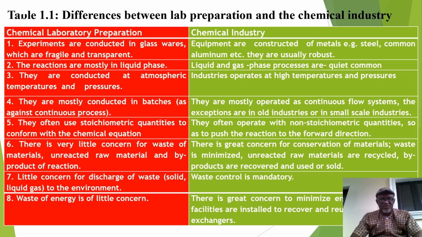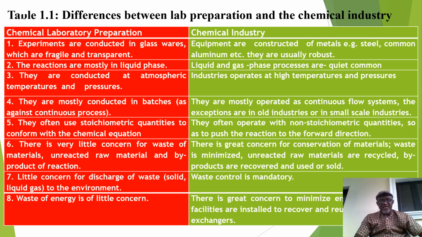Like the last one, waste of energy is of little concern. In the laboratory, students will just do a titration, and the remaining, maybe you're using something like HCl or nitric acid, the remaining acid, they will just pour it away. But you dare not do that in the chemical industry, because you cannot waste your materials, and also you cannot waste energy. It's just like when you plug your phone, and once your battery is 100% charged, the phone will tell you unplug to save energy.